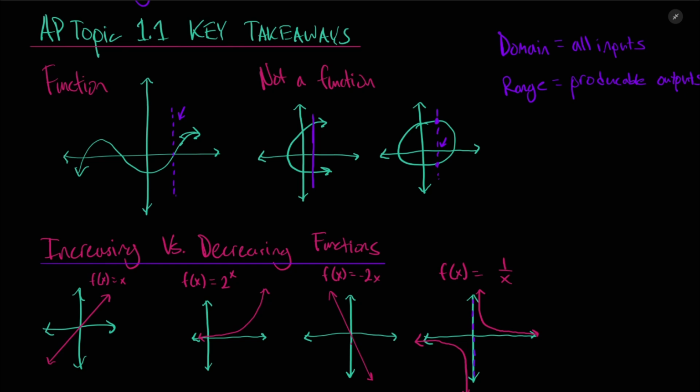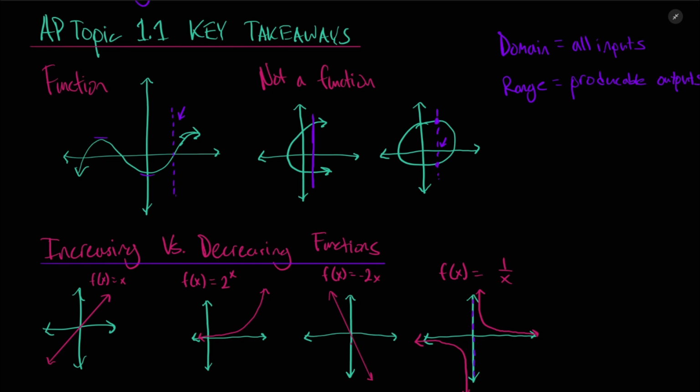And the range refers to the set of all possible output values that the function can produce. Real quick, in this graph, the range would be from -2 to 2. That would be the range, because that is all the possible y values that it's putting out.